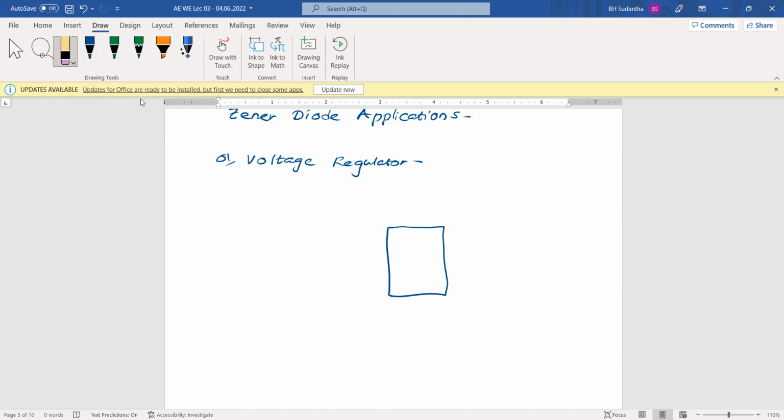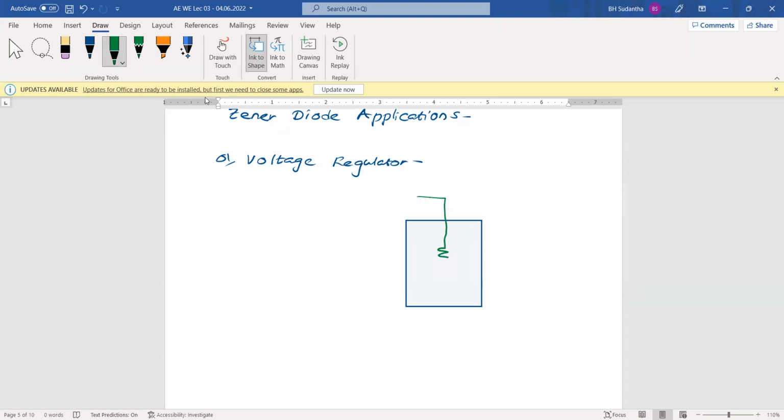Okay, this is your DC circuit. And actually DC circuit means any kind of DC electronic circuit. Inside, you can consider we have some kind of variable resistor there.